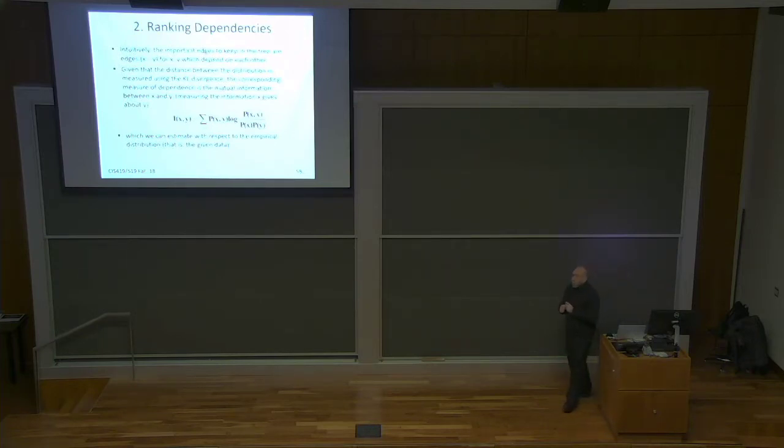If you remember what independence is, what you see under the log there is the condition that you test for independence between x and y. If x and y are independent, then P of xy is equal to P of x, P of y, which means that this is going to be 1, and this is going to disappear from the sum.